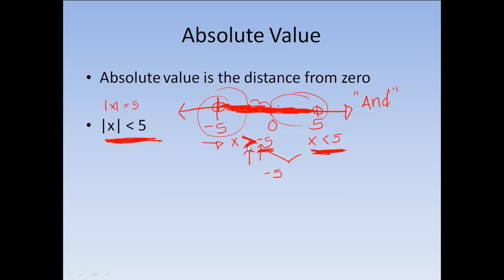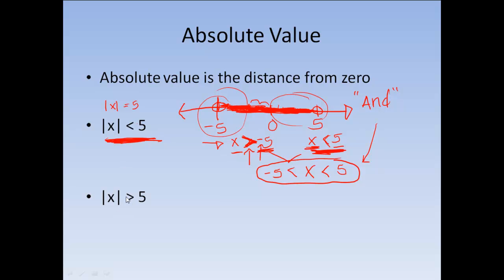Our inequality points at the -5, then we put our x. And then we come over here and we don't have to double up our x again, but our inequality points at the x, and then we follow it with our 5. So we would write our answer for this one using that compound inequality, and it is an AND.